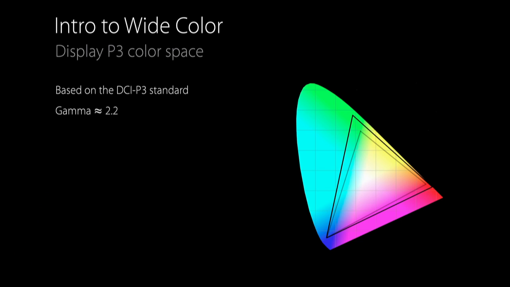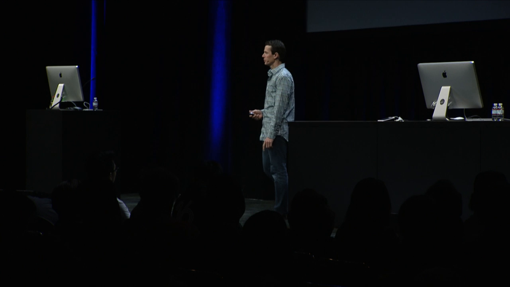The gamma and white point are identical to sRGB's. Why would we do that? The reason is that the DCI P3 white point is slanted toward the green side. It was chosen to maximize brightness in dark home theater situations. And we found that with the white point of 6,500, we get a more compatible superset of the sRGB standard.